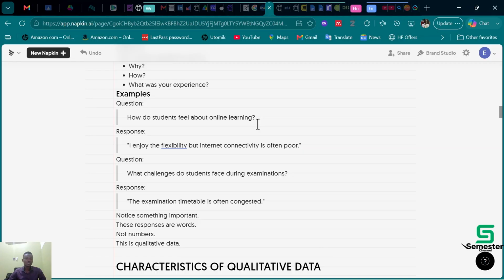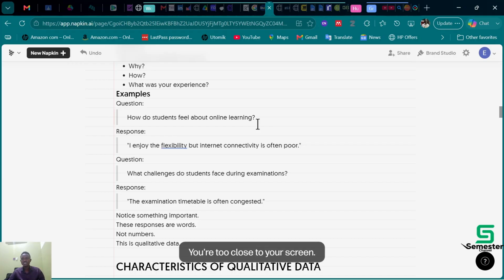Right after COVID, even during COVID, we were mostly meeting online for Zoom meetings and all that. So researchers needed to know how students feel about online learning to see whether it is something we can propagate and continue, or something that we have to truncate.